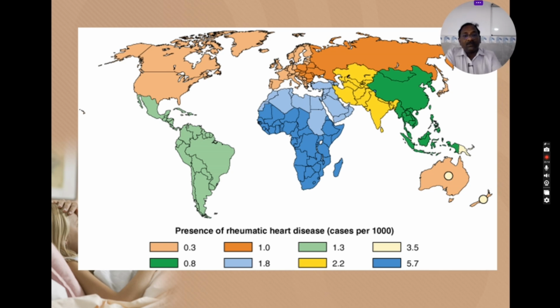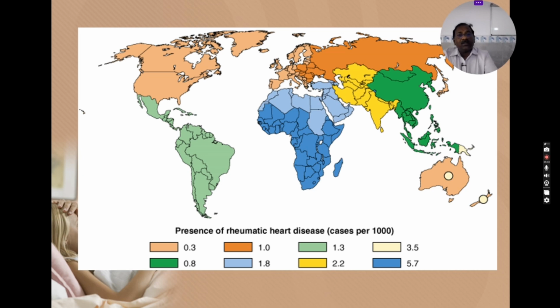See India, with the yellow marking here, is about 2.2 cases per 1000, whereas it is 0.3 in the United States, Europe or Australia.